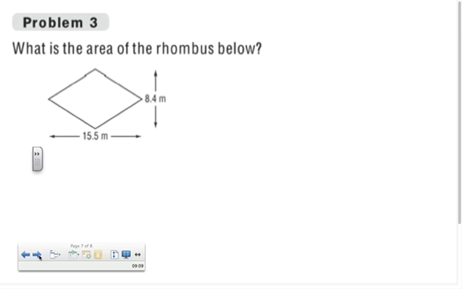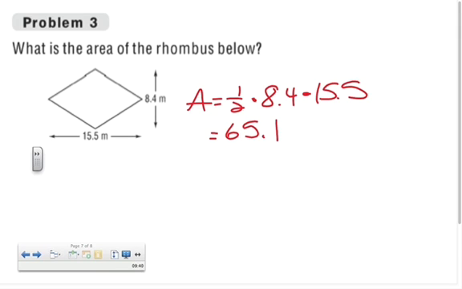Yes, they didn't draw them in the way they did in the previous problem, but they're giving you all the information you need. And I have 65.1 square meters.